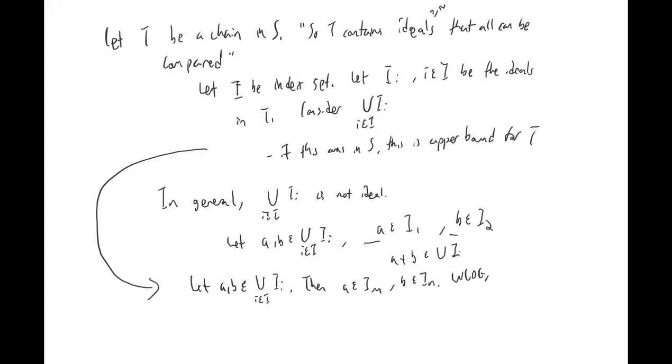So without loss of generality, let's say I_m is a subset of I_n. Then A, B belong to I_n. Do you all agree with this? This is because T is a chain. Everything can be compared here. You all follow?